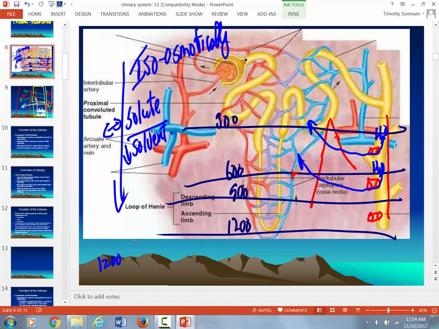And the farther down you insert these water channels in the collecting tubules, what happens to the osmolarity? Goes up. More water will get reabsorbed back into the blood. So at maximum ADH secretion, you will be anuric. You won't have any urine output.